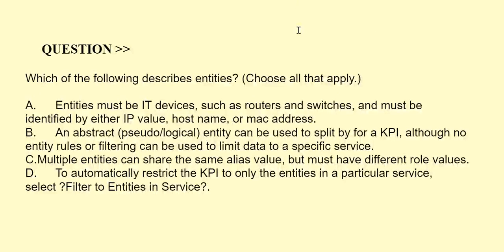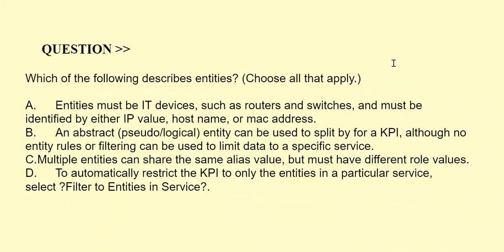Our next question is, which of the following describes entities? Choose all that apply. Option A, entities must be IT devices such as routers and switches and must be identified by either IP value, host name or MAC address. Option B, an abstract pseudo-logical entity can be used to split by for a KPI, although no entity rules for filtering can be used to limit data to a specific value.